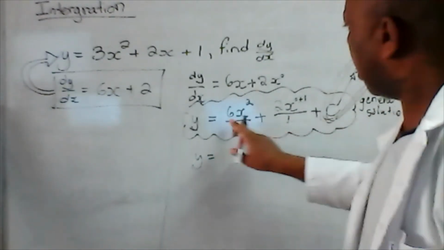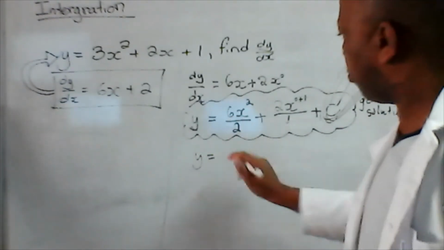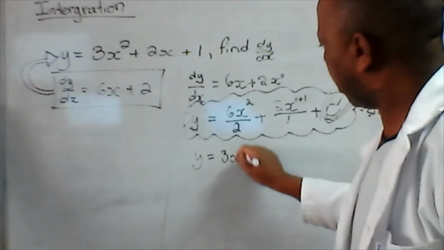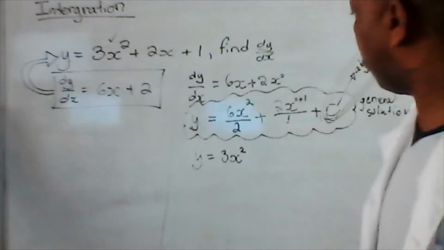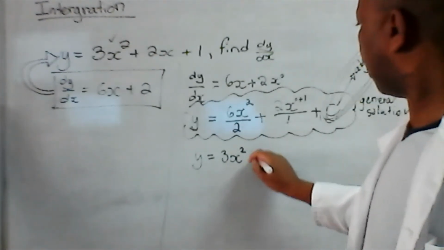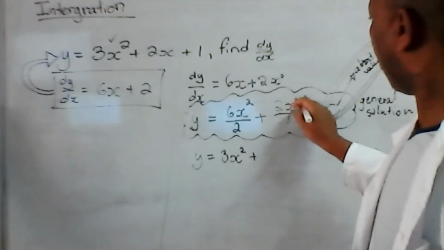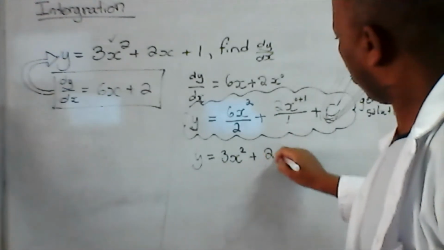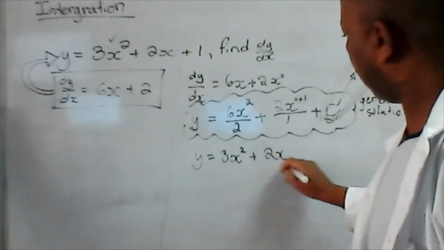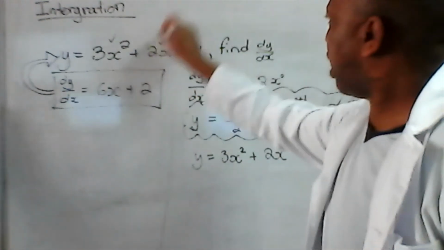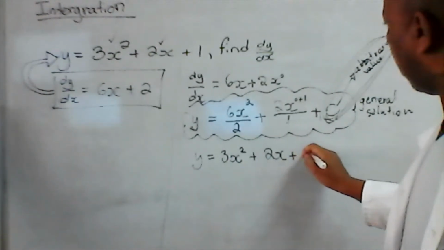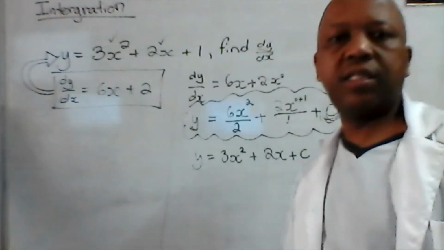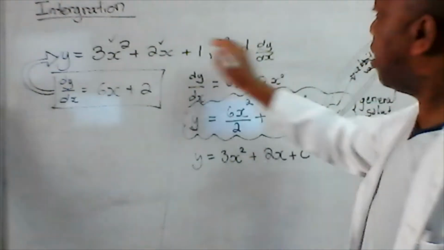solving this. Okay, 6x squared divided by 2, that becomes 3x squared. Check, which is that term there, we've got it back, plus 2x to the power 0 plus 1, that just becomes 2x to the power 1 divided by 1. Check, we've got that term there, plus that arbitrary value c, plus c there.